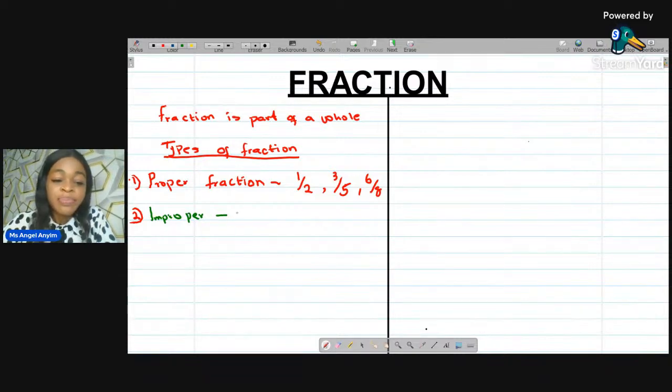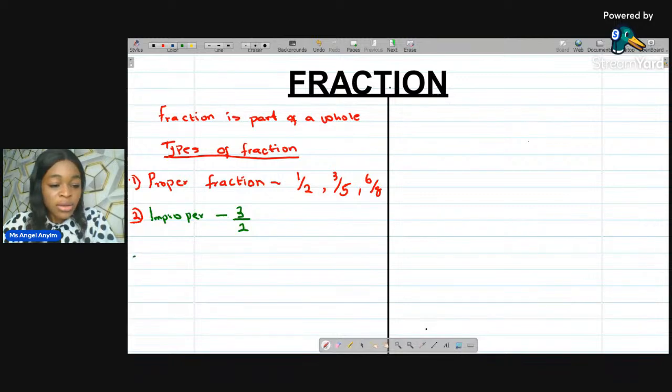It's when the denominator, which is the one down, is smaller than the numerator. So this is improper. This is improper. So when you have the bigger one up and the smaller one down.